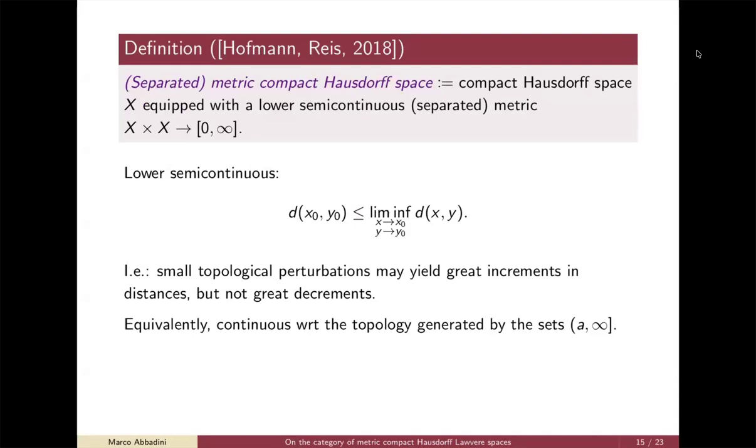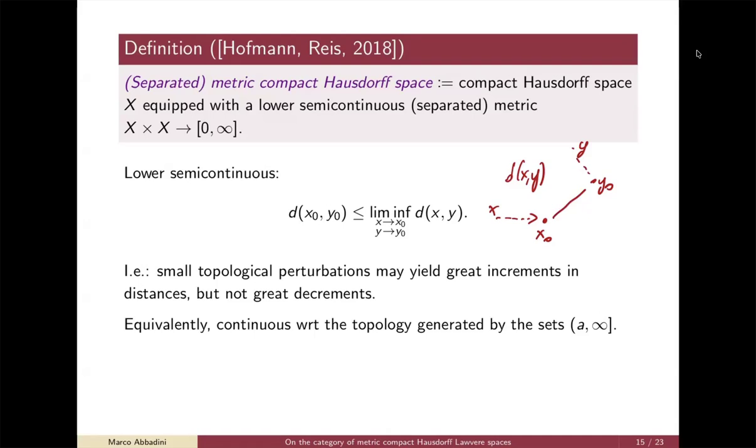It means that if we have two elements, x0 and y0, and we approach them from close by, topologically close by, then the distance between x and y, if I take the limit as x and y tend to x0 and y0, the limit will be greater or equal than the distance between x0 and y0.